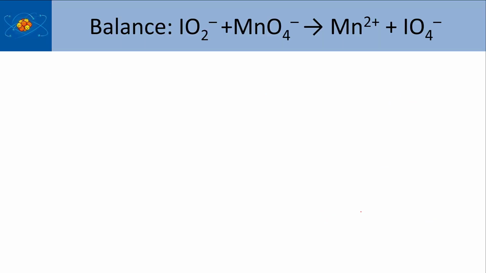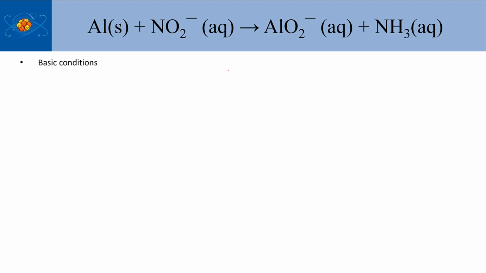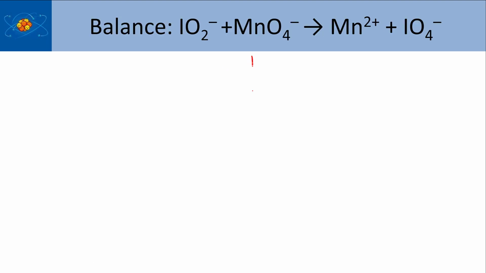And we're going to do this reaction. I have the reaction of iodite to form periodate, and then also at the same time manganese is turning into manganese 2+. So we're going to split the half reactions, and I think we'll be able to do a little bit on each side and then combine it at the bottom.